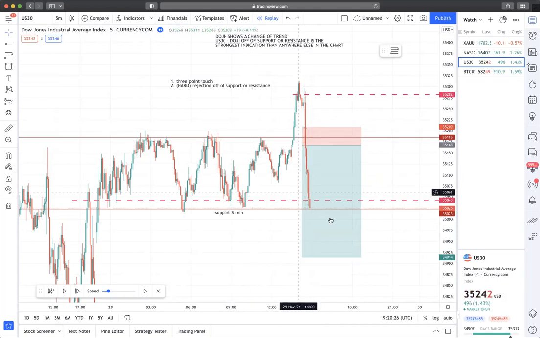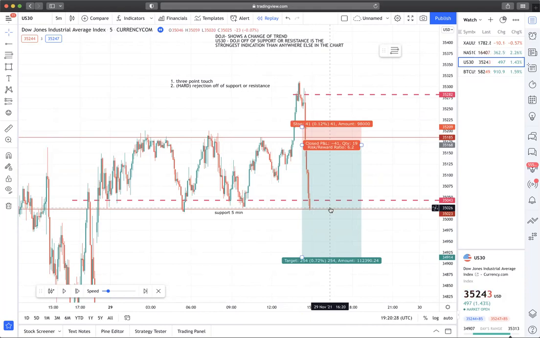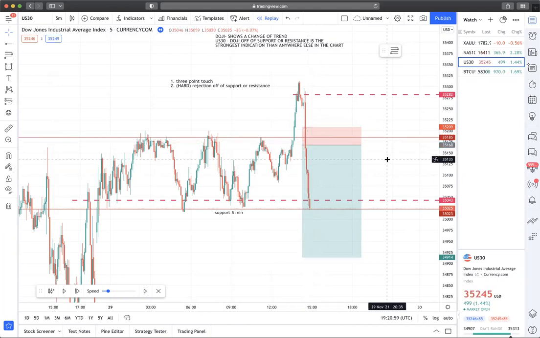Another thing I will show you: when I do take a second trade, when we break levels of support, break levels of resistance, or break trend lines, I always move my stop loss to the entry of my next trade, because I want to make sure that I secure my profit. And when I take that second trade, since it's not the best entry as the first one, we're going to run these risk free. You'll see as we do it.